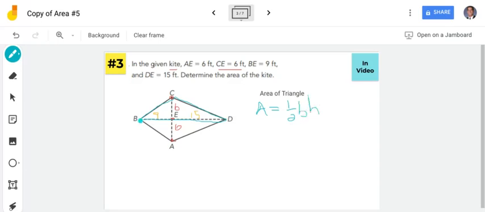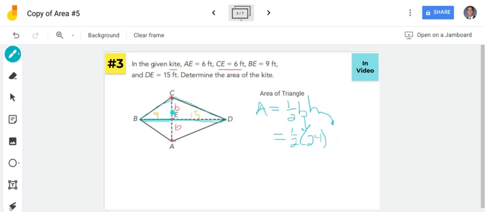Okay, so how far would it be from B to D? Well, if from B to E is 9, I know from E to D is 15. So what if I go 9 plus 15 more? Well, 9 plus 15, that is 24, right? So that's what I'm going to plug in for the base. So I have 1/2 times the base, which is 24, times my height. So what's the height of the triangle?